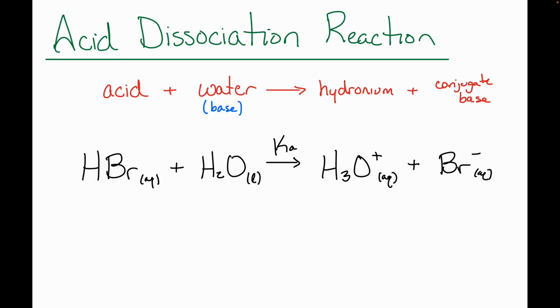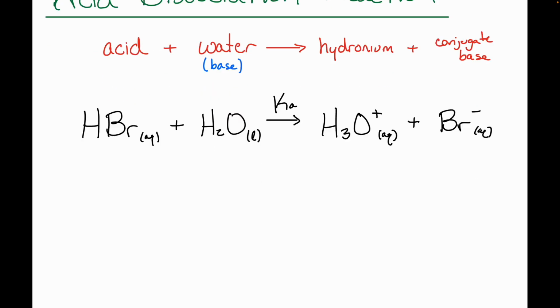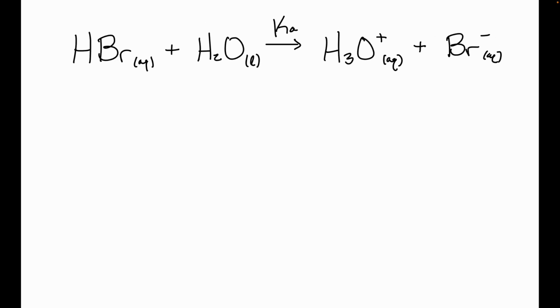All right? So we're going to start with the easiest one here, with the easiest set of acids to work with. And those are what are called our strong acids.